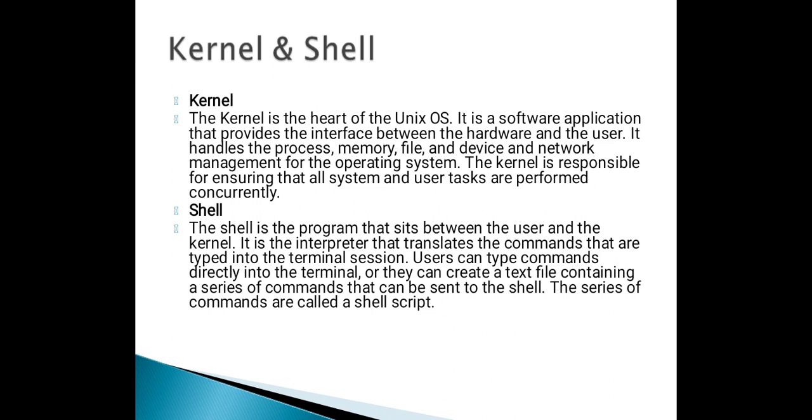So you have the user at one end and the kernel at the other end, and in between, the shell, which consists of system call libraries, interpreters and commands, lets users interact with the kernel. The purpose of the interaction is to execute something, a program or file, whatever has to be executed by the user. So this is the first difference.